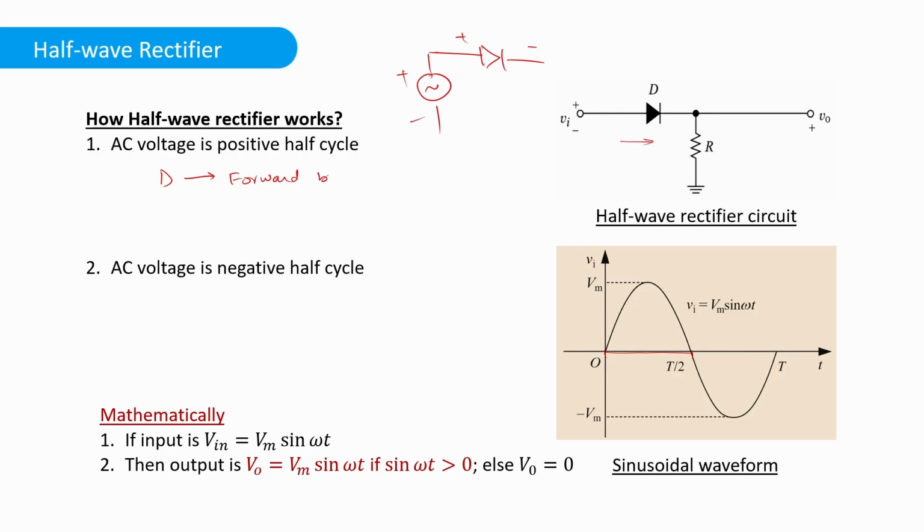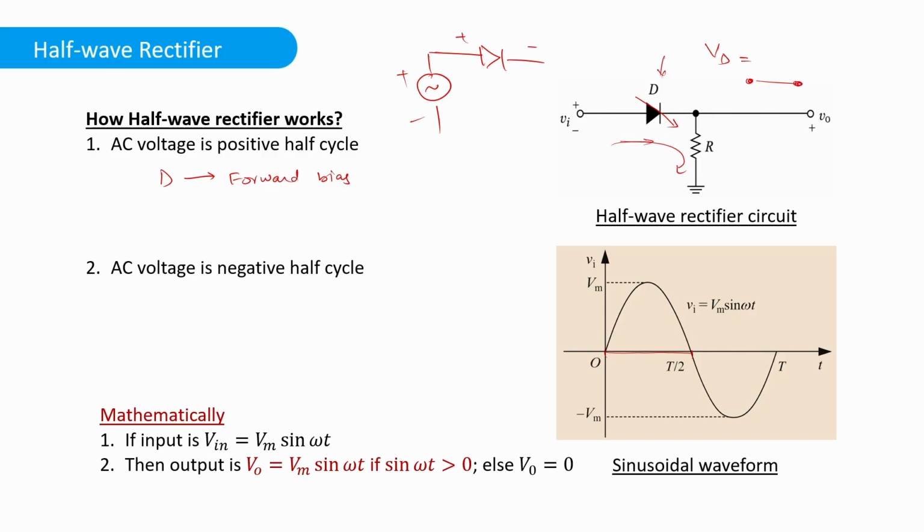forward bias condition. Okay. If the diode is in forward bias condition, then this will be a short circuit, and we will have a flow of current in this circuit, right? In this example, we will assume that the voltage drop across this component is 0, because we will assume that in forward bias condition, this will become a short circuit.